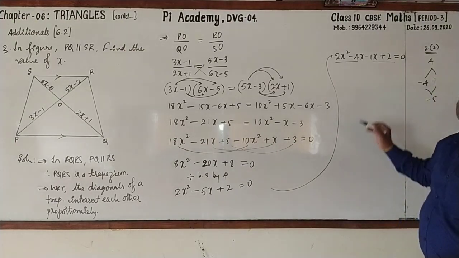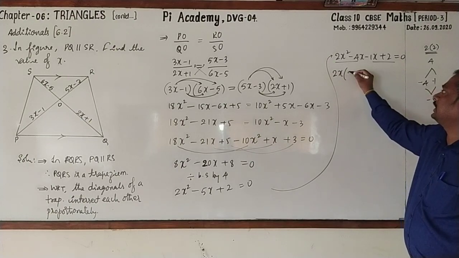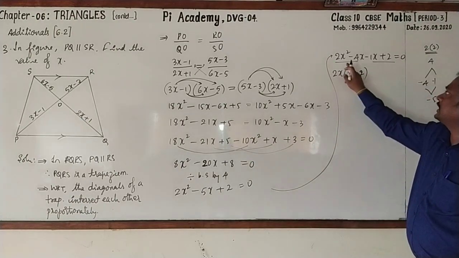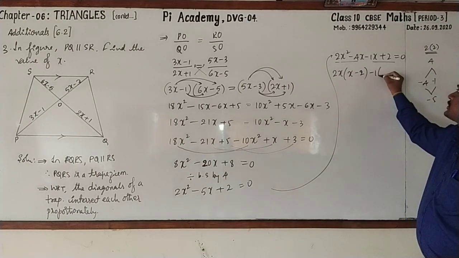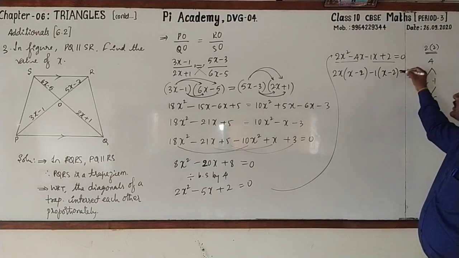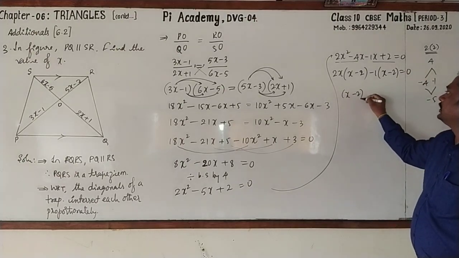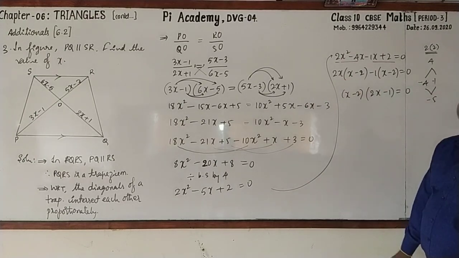Group them by taking two terms. In the first two terms, 2x is common factor. Then it will be x minus 2. 2x into x, 2x square, minus 2x into 2, 4x. Here minus 1 is common factor. x minus 2 will remain. In the whole statement, x minus 2 is common factor. Remaining 2x minus 1 equal to 0.